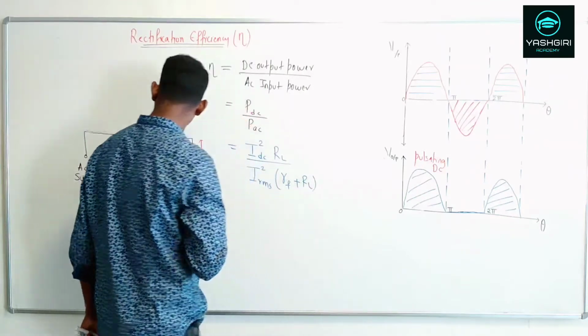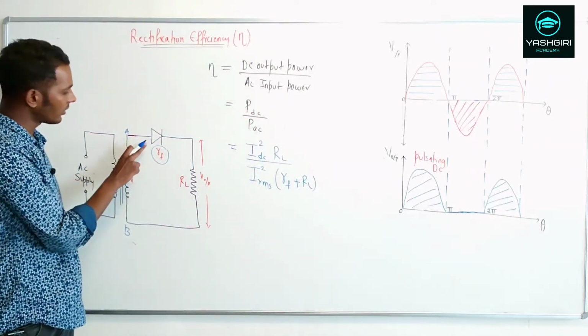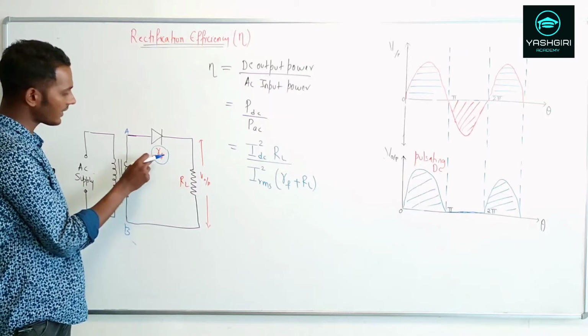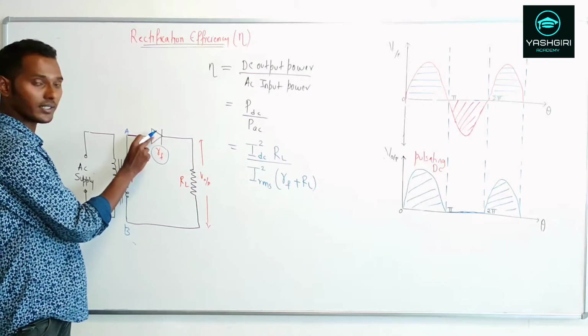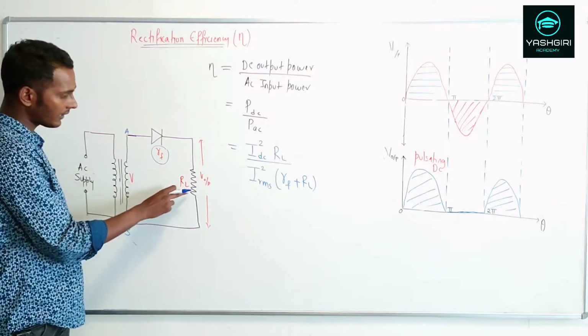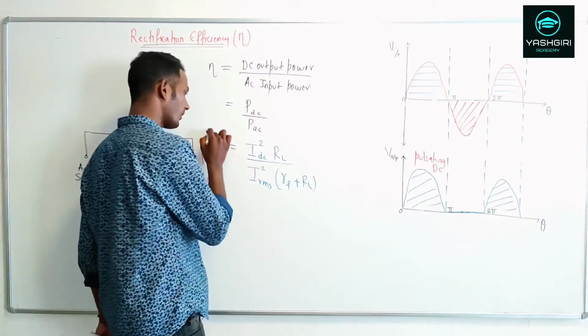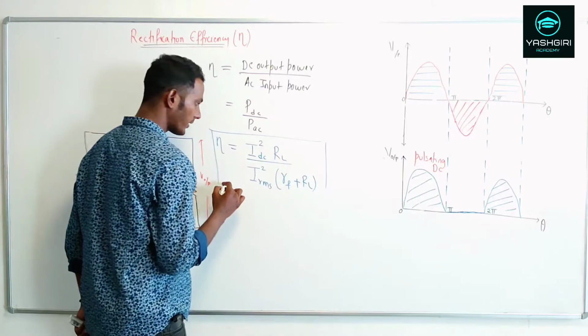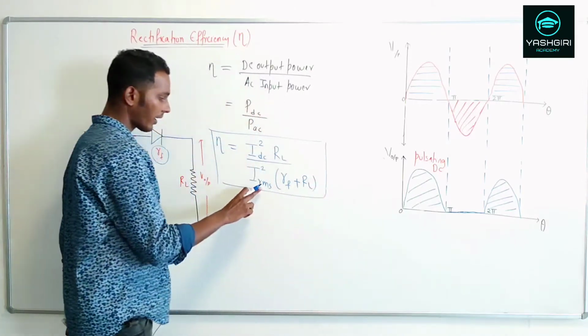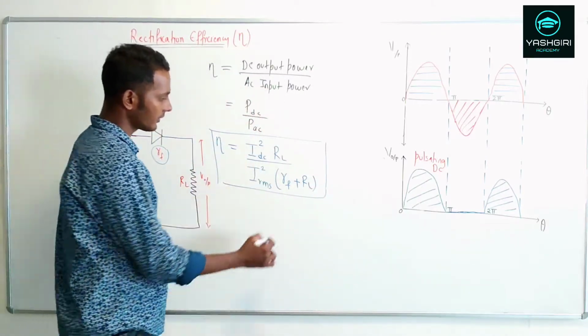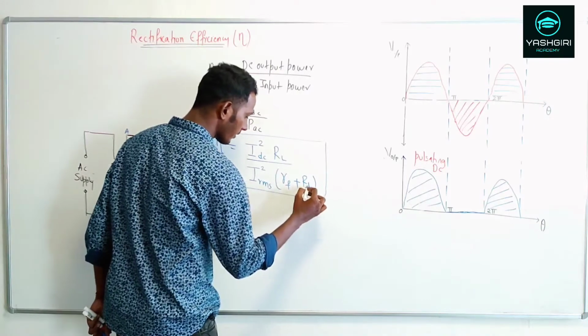So the input signal has to pass through these two resistances: RF is the internal resistance of the diode and RL is the load resistance. So the efficiency formula is something like this: I square DC RL upon I square RMS into RF plus this capital RL.